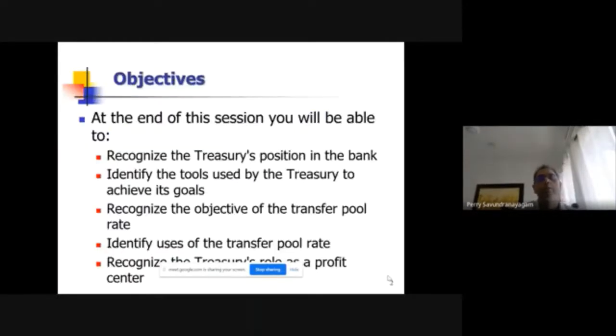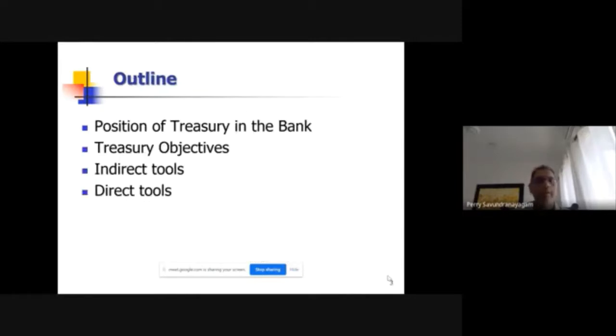So this area covers the position the Treasury has in the bank, the various tools you can use for that purpose, the transfer pricing tool, what it's used for, and what Treasury's overall role is in the process of generating profit.